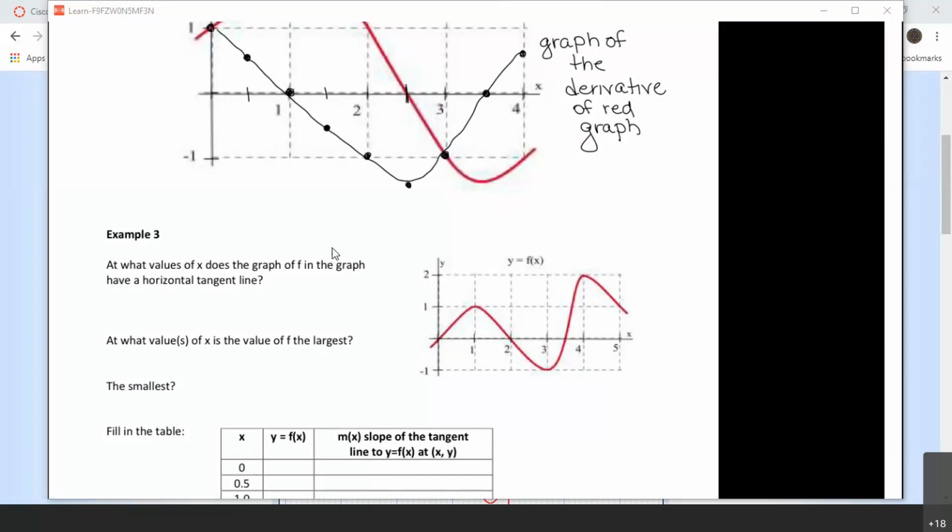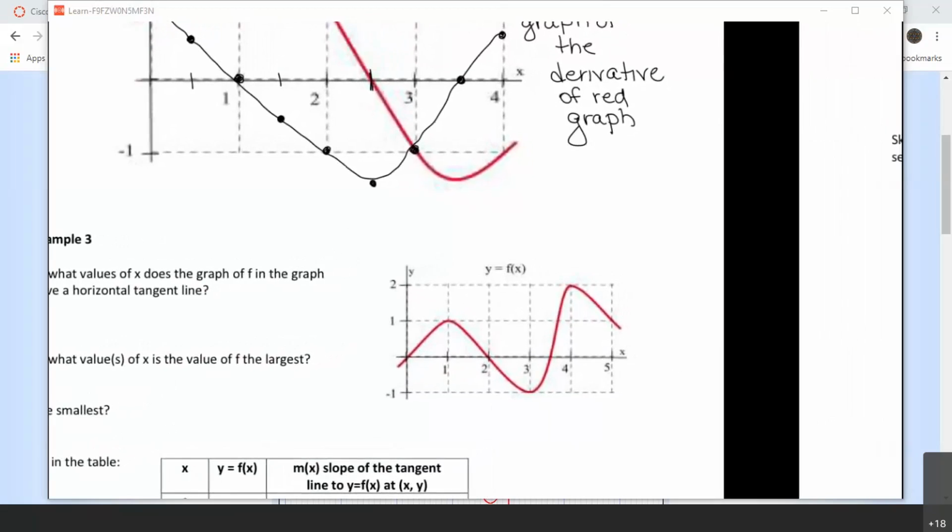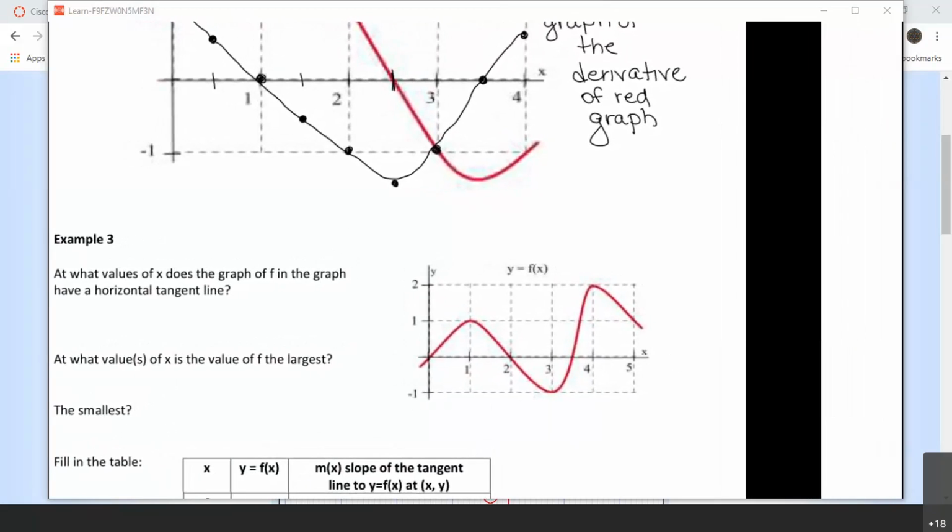So we're looking at example 3. Where does this graph have a horizontal tangent? There might be more than one place, so just give me the x values. So we're seeing here at 1, here at 3, and here at 4.